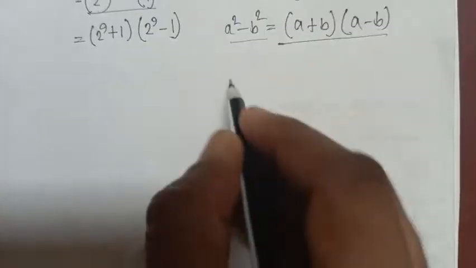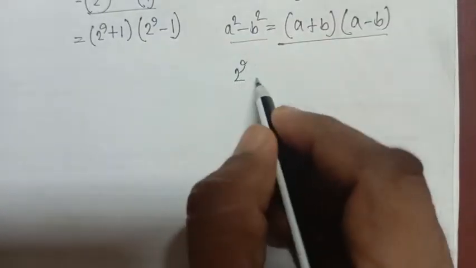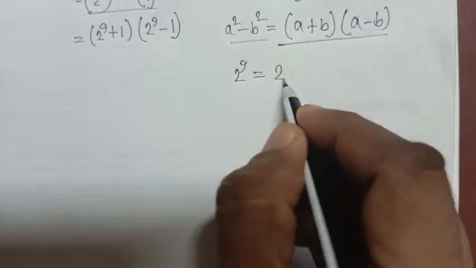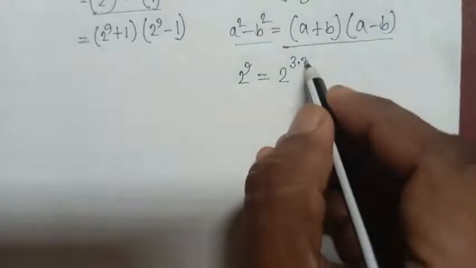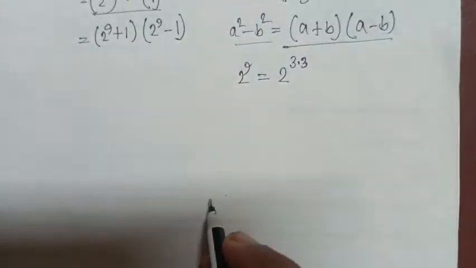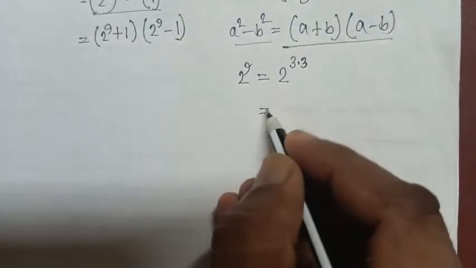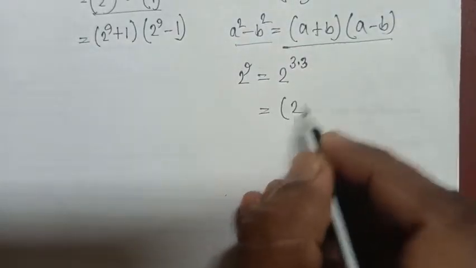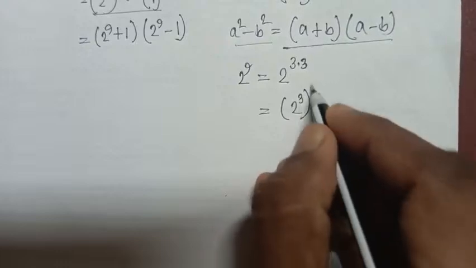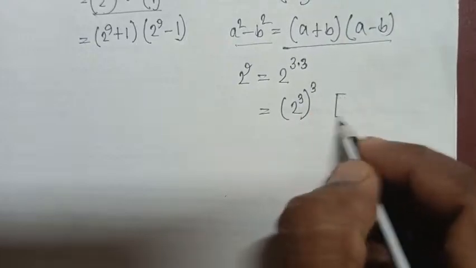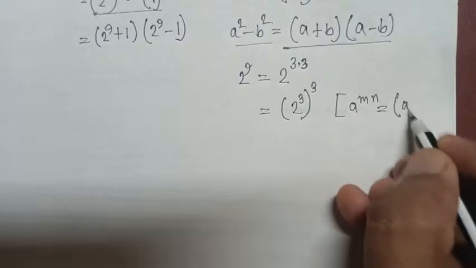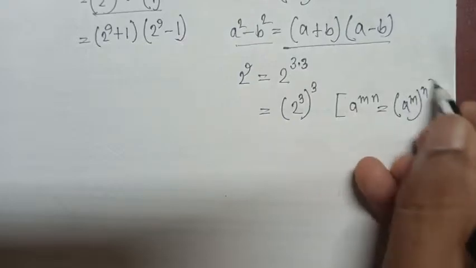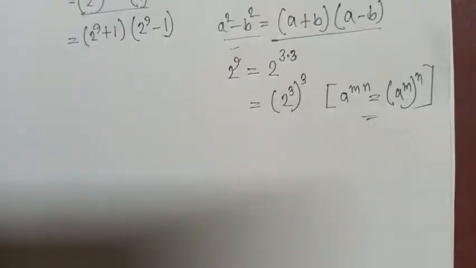Now we can express that 2 to the power 9 is equal to 2 to the power 3 times 3. We can express that as 2 to the power 3, cubed, as we know a to the power mn is equal to a to the power m to the power n, as we said earlier.